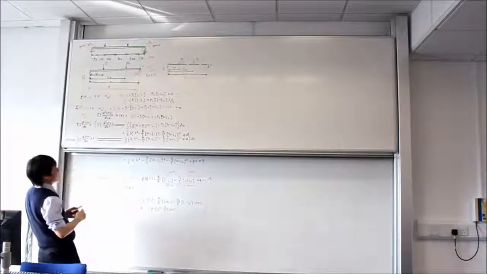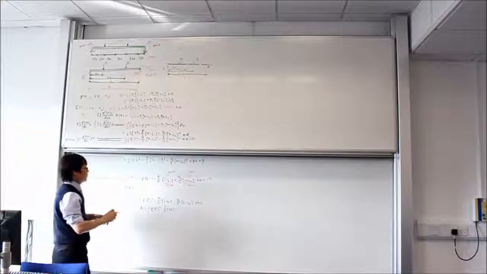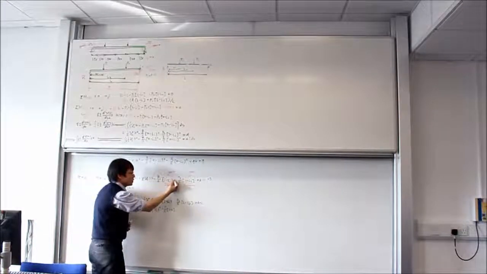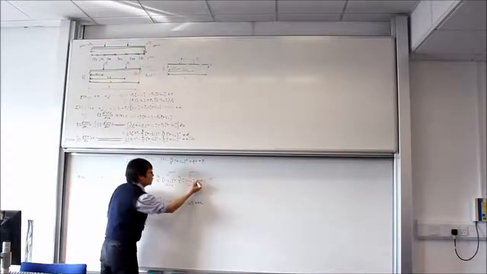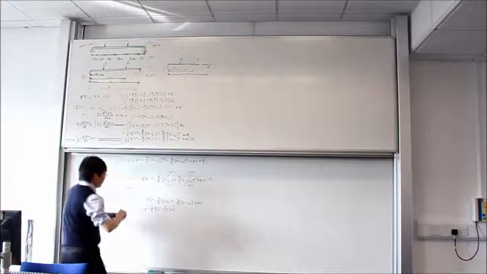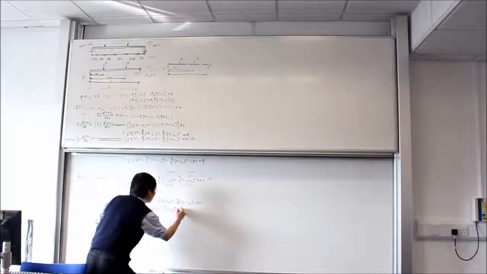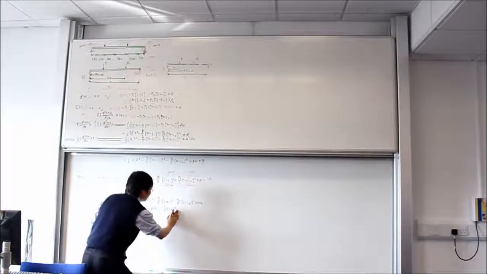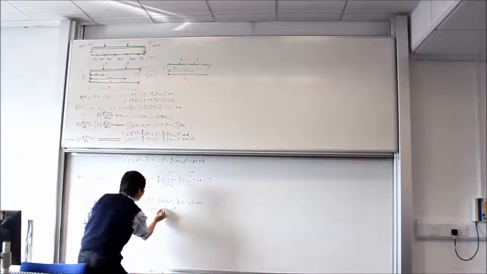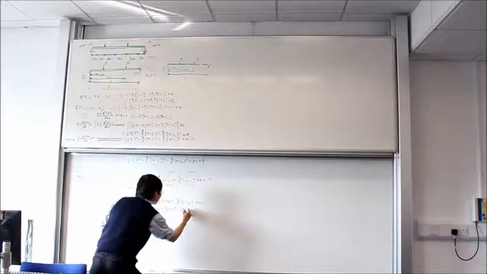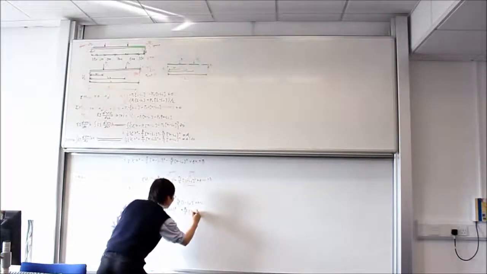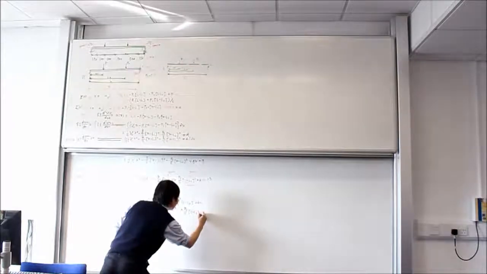I made one mistake, sorry. This power 3, I forgot to copy down. So power 3, and that's going to be power 3 as well. So that's going to be power 3 divided by L. Plus P2 divided by 6, and then L minus L2, power 3.